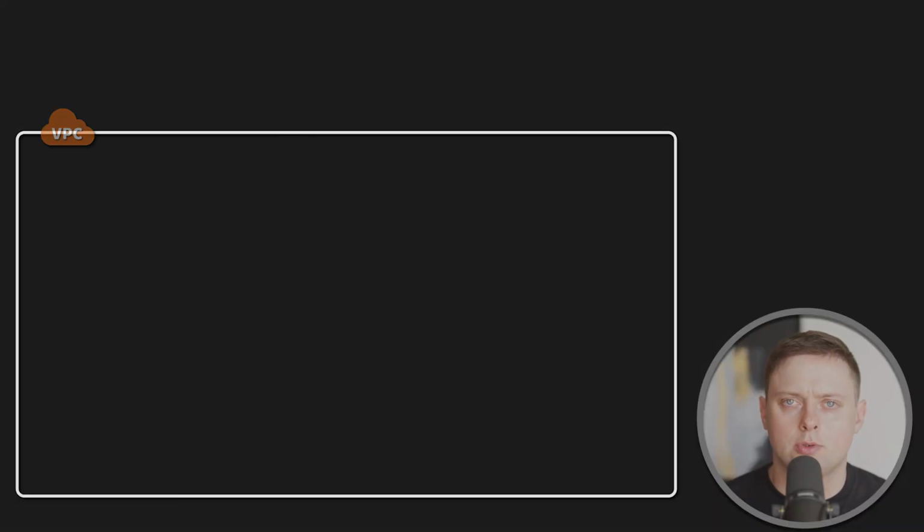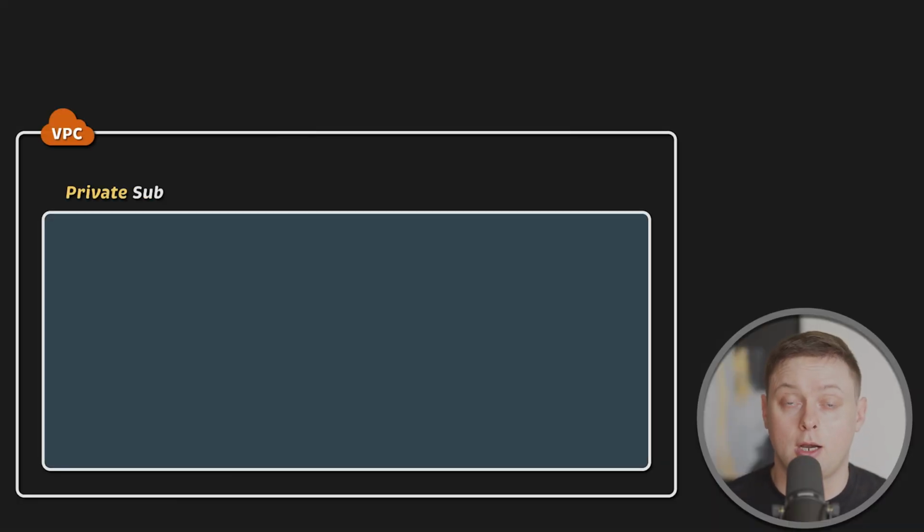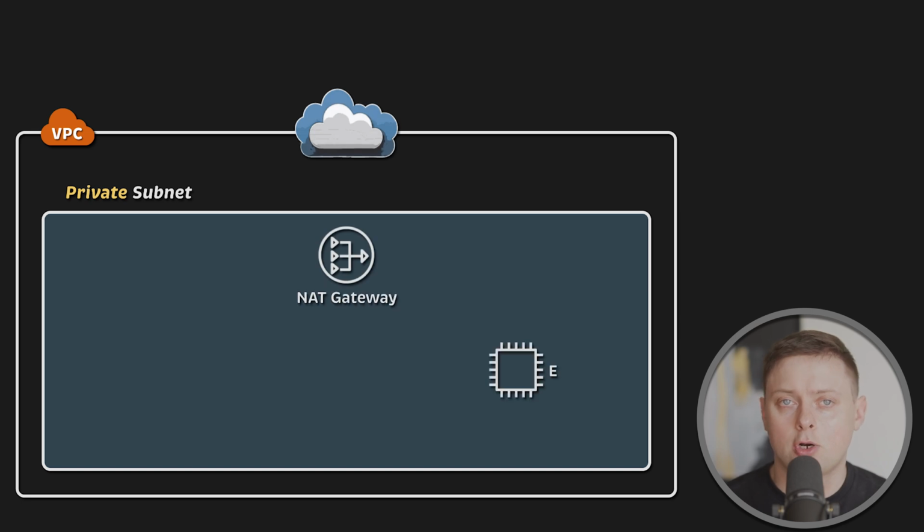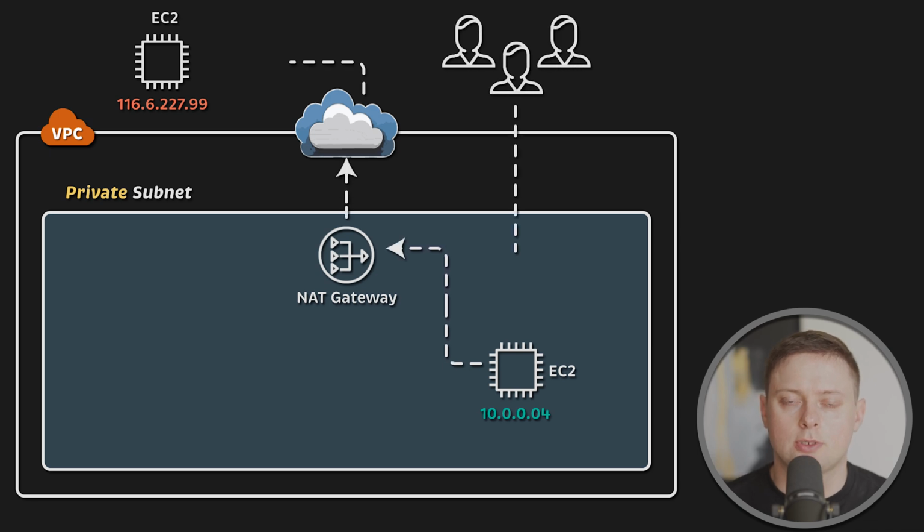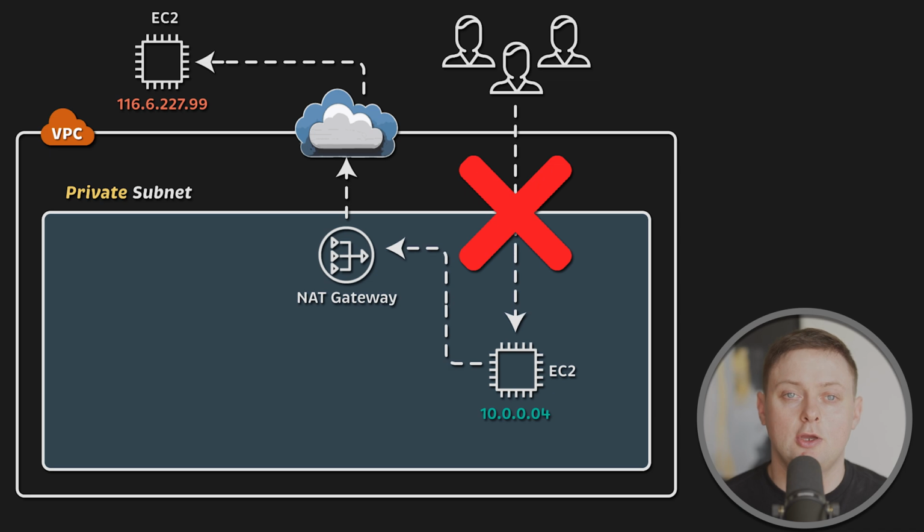Most of the time, we want internet access as before to download packages or perhaps access external APIs. However, we don't want to directly expose those VMs to the internet for security reasons. For this, we can create a NAT gateway. If a VM with a private IP address needs to access external service on the internet, the request will go through the NAT gateway.